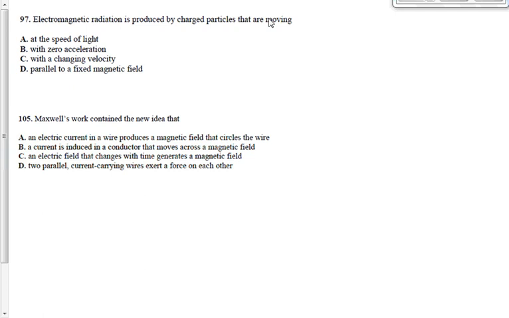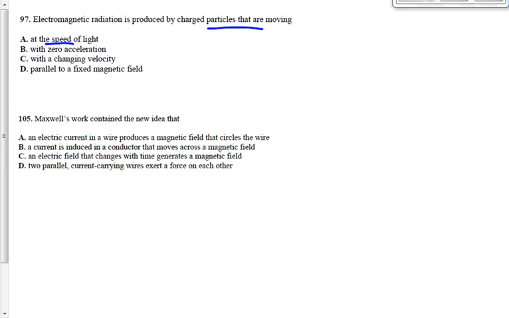But what condition has to be met in order for electromagnetic radiation to be produced here? In other words, in order for an electric field and a magnetic field to be produced that's changing. Well, traveling at the speed of light? No. Electromagnetic radiation travels at the speed of light because it is light.